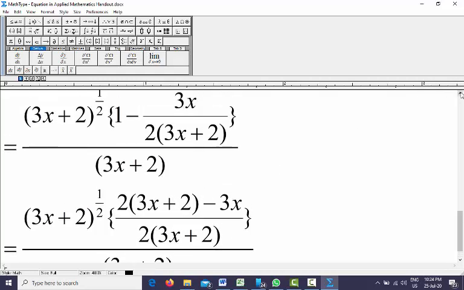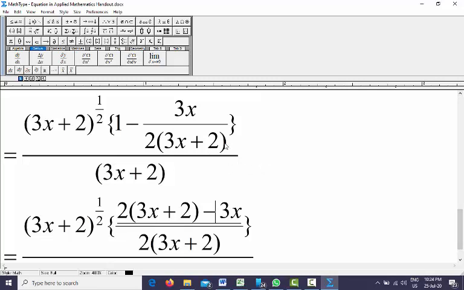Let me explain: this one is the LCM. So we will have this one multiplied by 1, so we will have 2 multiplied by (3x + 2), minus only 3x.